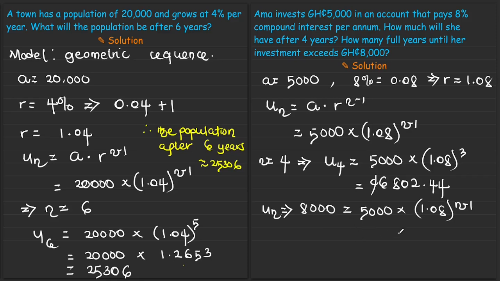We'll be doing a little bit of calculation here. We can first of all choose to divide both sides by 5,000. By dividing both sides by 5,000, we have 8,000 divided by the 5,000, which is then equal to 1.08 all to the power N minus 1. Solving further, we know all these zeros are going to cancel out.